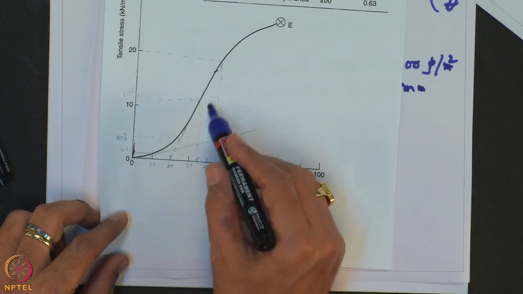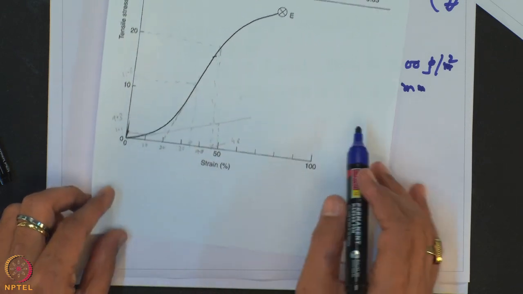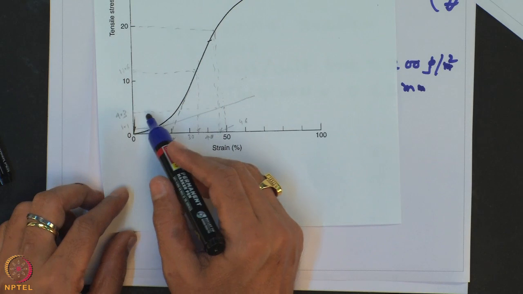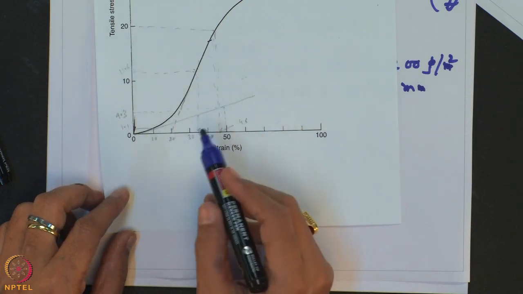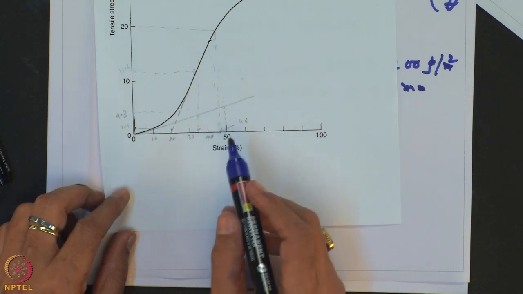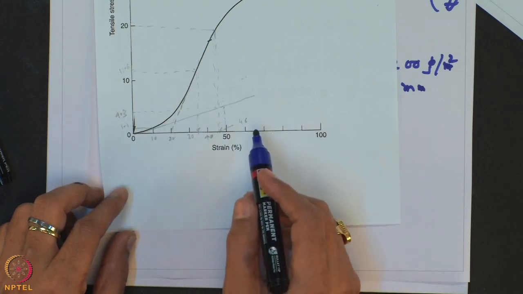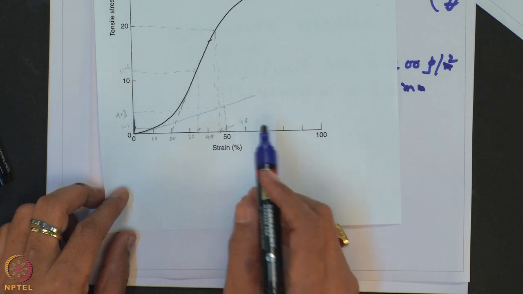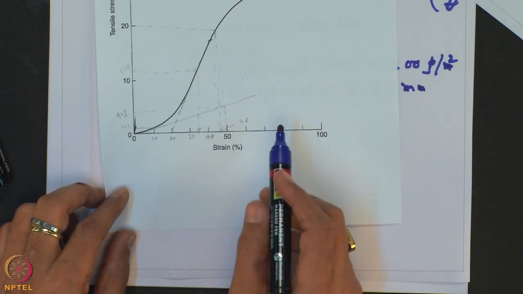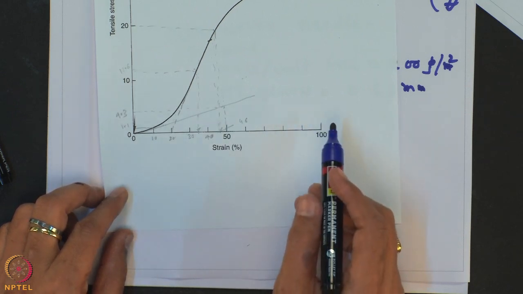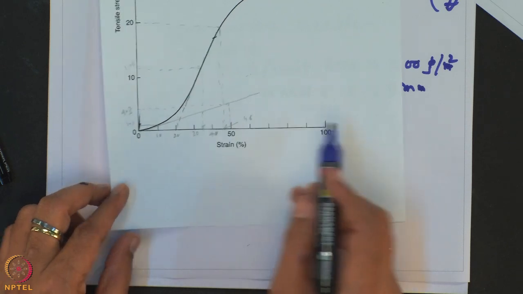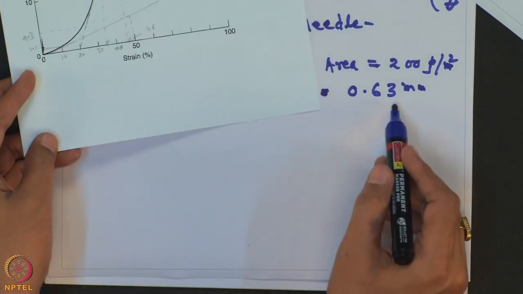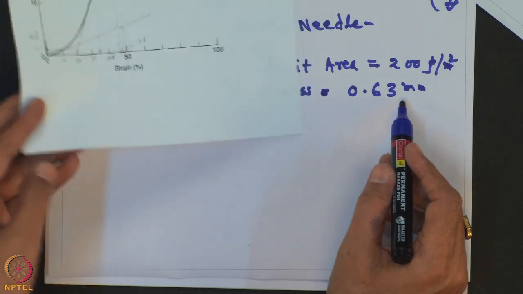initial tangent modulus, what should be the offset tangent modulus and second modulus at 10% and 35% of strain in kilonewton per meter and kilonewton per meter square or kilopascal, based on the initial thickness of the geotextile material, 0.63.